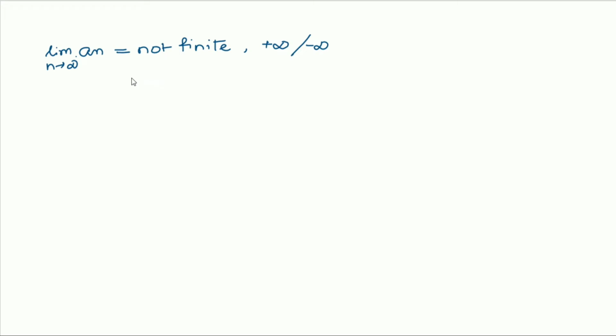If the limit is plus infinity, we say it diverges to plus infinity. If its value is minus infinity, then we say it diverges to minus infinity.